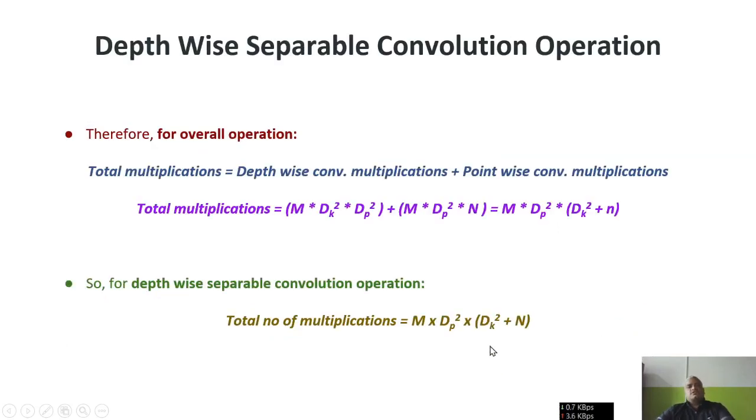Now the total overall operations we need is the depth-wise convolution multiplications plus the point-wise convolution multiplications. So the total number of multiplications is, as we get in depth-wise, M cross DK square cross DP square, plus in point-wise M cross DP square cross N. After summing this, we get M cross DP square cross the bracket of DK square plus N, and this is the total number of multiplications we get finally.